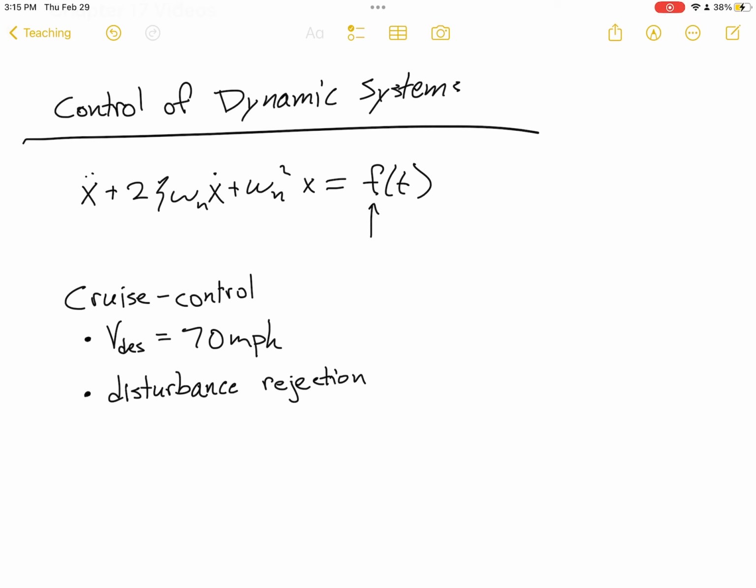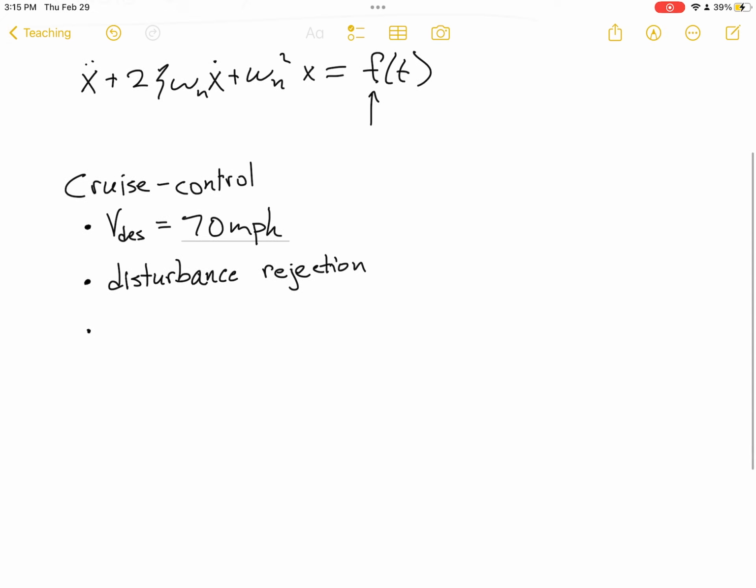We can also talk about the speed of response. So if you're going 50 miles an hour and maybe your car is more modern, you have some sort of digital cruise control. You're going 50 miles an hour and you tell it to immediately go 70 miles per hour. Now, there's a few ways that your car could go about doing that. Your car could slam on the gas to try and get from 50 to 70 as quickly as possible, right?